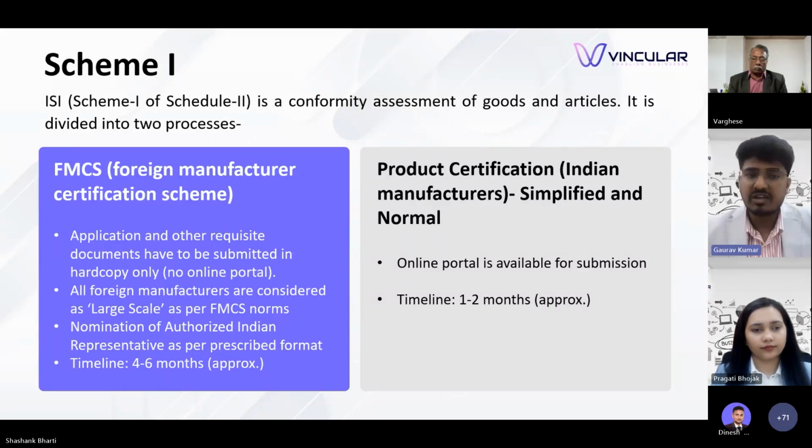In general, applicants under FMCA should not be given relaxations for the majority of the outsourcing, as compared to domestic manufacturers who can do that outsourcing through any of the BIS approved laboratories. Next, please.